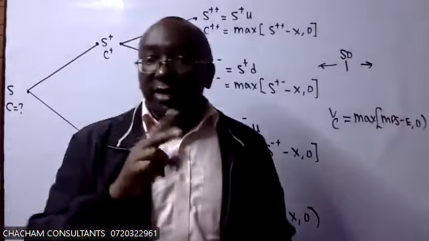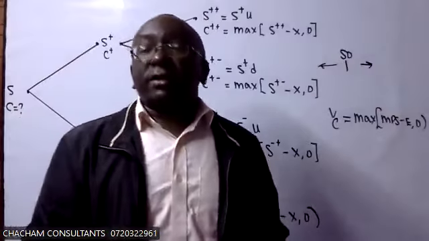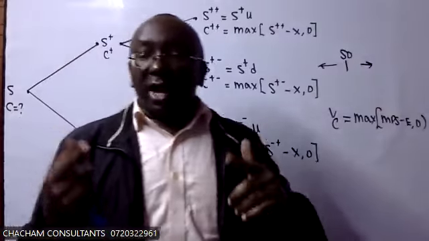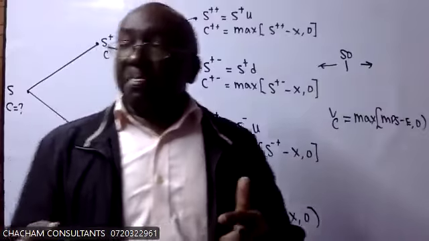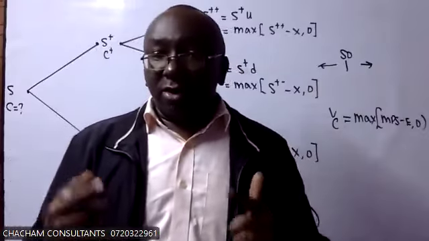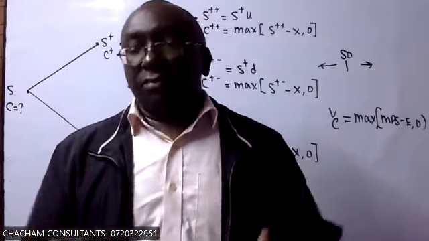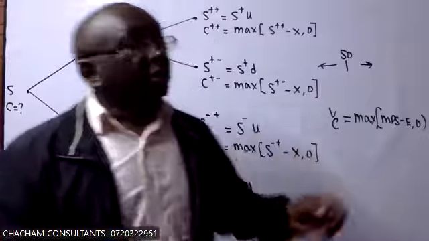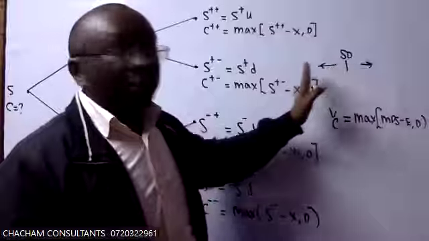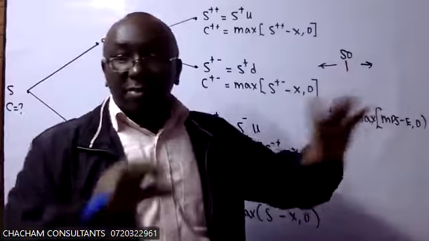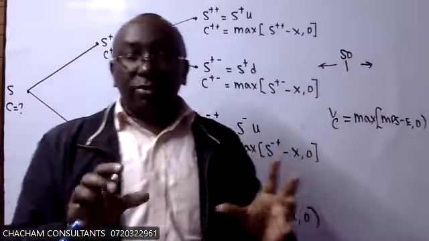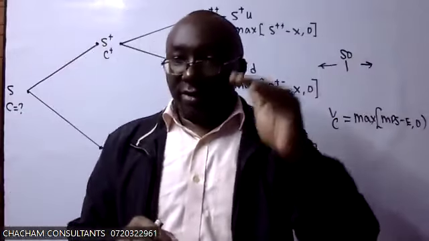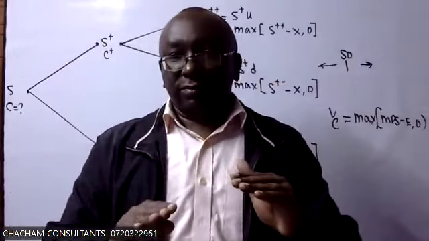Na sasa ukikumbuka zile diagrams mbili tulichora, sasa depending on whether you are a buyer or a seller, and depending whether it is a call or a put option, you are in money or out of money if the price has gone up or down. So hiyo maneno ndio tunajaribu kuleta ku appreciate that it can go up, it can go down.